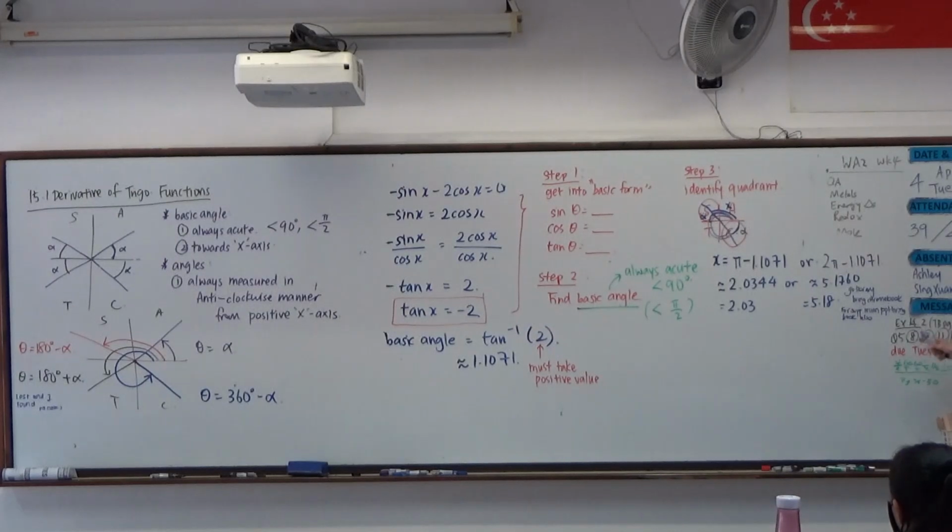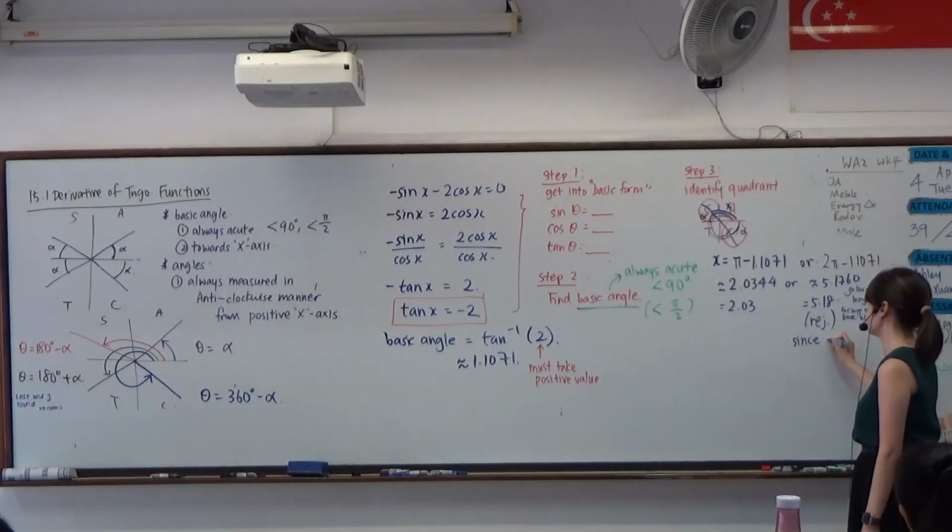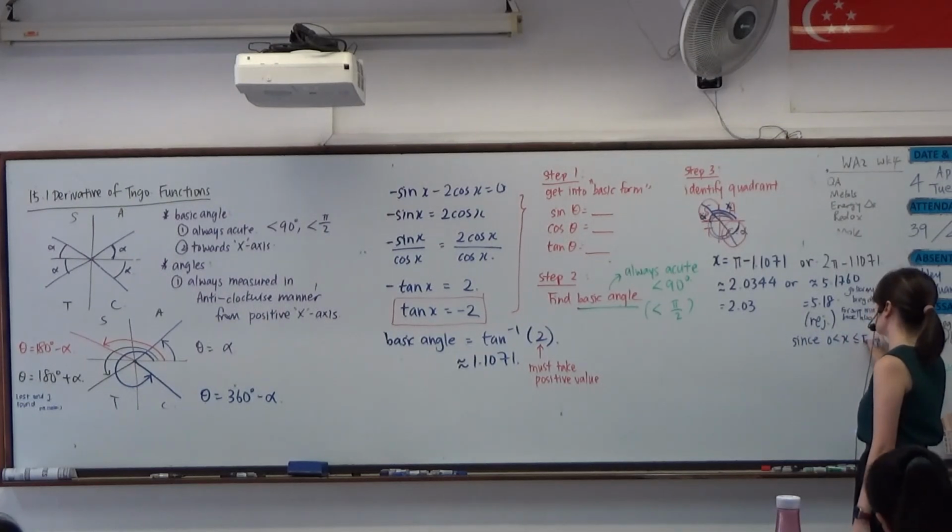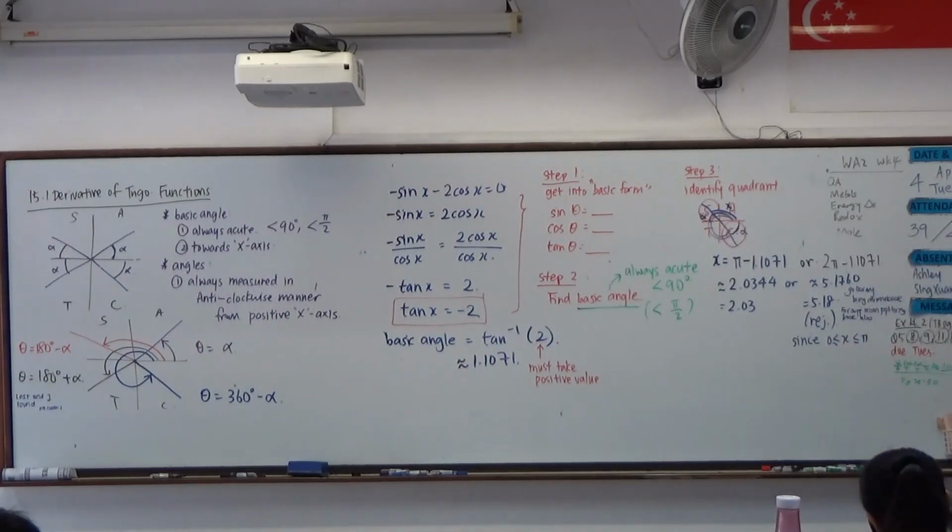But in this question it says that it's from 0 to pi. Pi is 3.14 plus, so 5.18 exceeds already, so we reject 5.18. Any questions here?